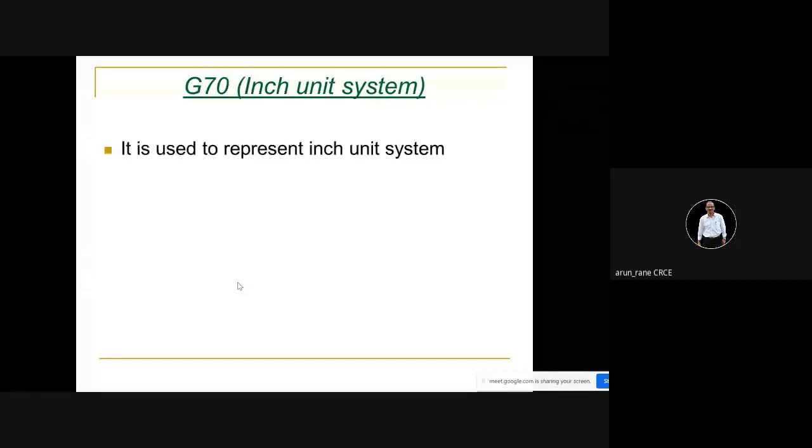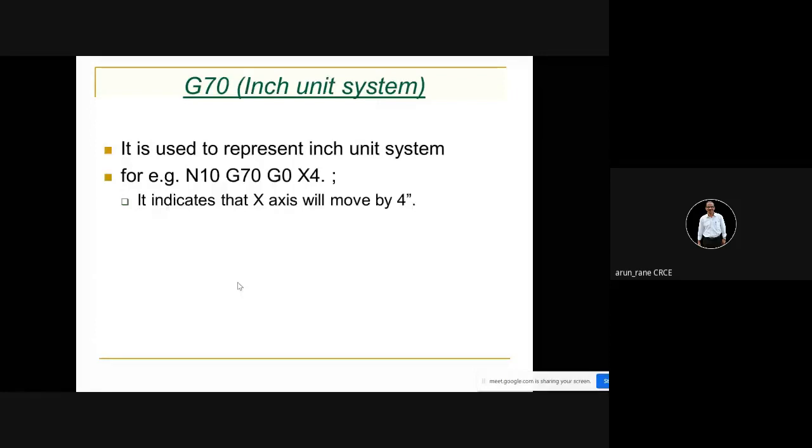Very simple. In the beginning you write G70, and the subsequent dimensions follow. So it's a modal code. So X 4.0 means the X axis will move by 4 inch, that is approximately 100 mm.